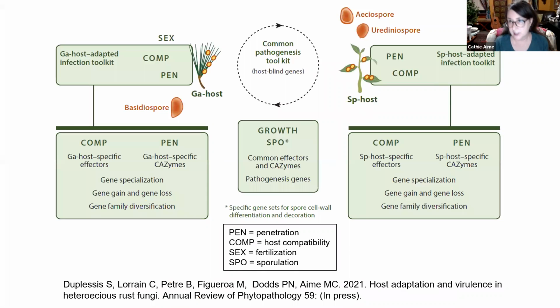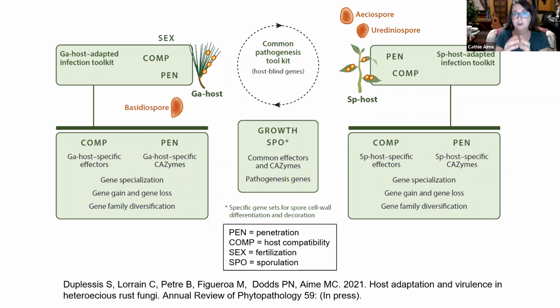The next step, what's next? I won't bore you with all this stuff, but we're looking at genomes now to see if we can test some of our model by looking at different genes in the genome and seeing how they're expressed and on what host they're expressed, etc. And so far, we actually have found some evidence in this class of genes called effectors, which are genes that rust use to infect a host.